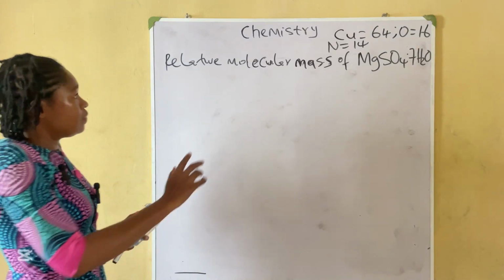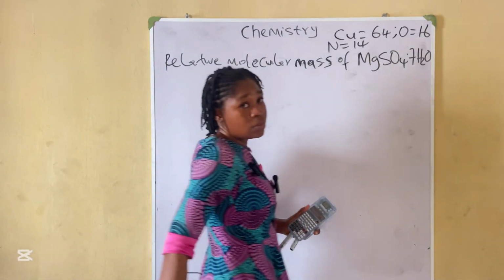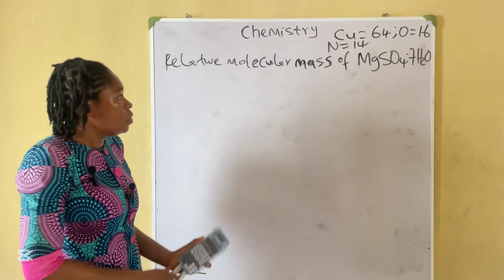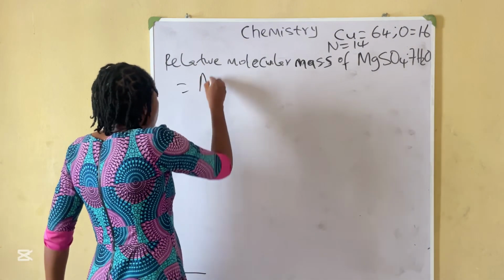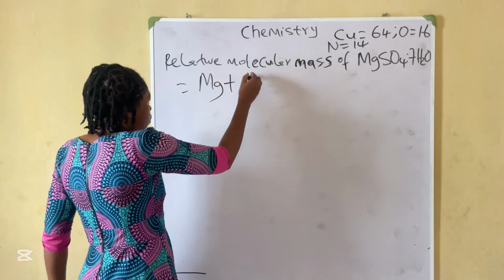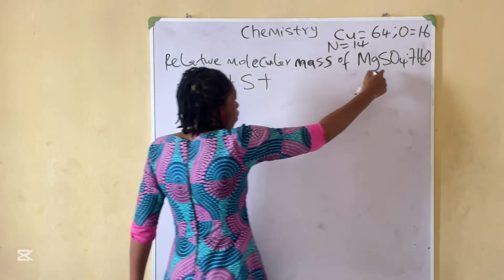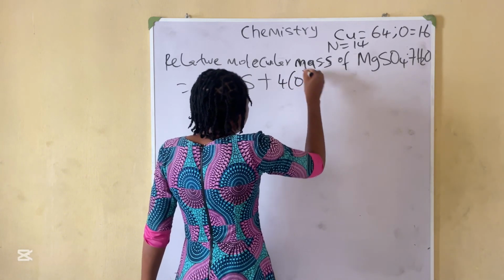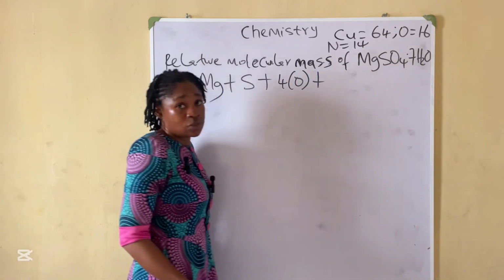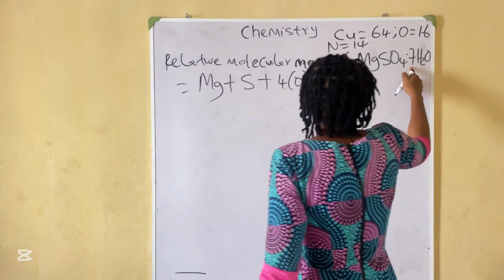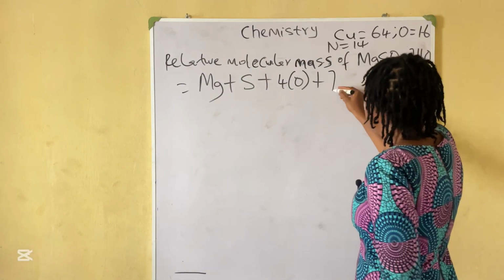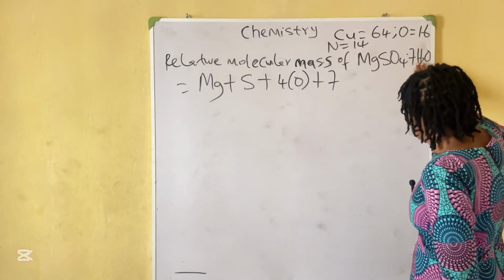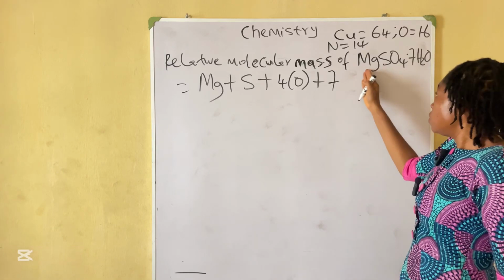Look at the number 4. Relative molecular mass of magnesium tetraoxosulfate 6 heptahydrate. So here I have 1 magnesium atom plus 4 atoms of oxygen, plus this dot, you put plus. So I have 7. This 7 only affects what is on the right hand side here, which is water, not magnesium sulfate.